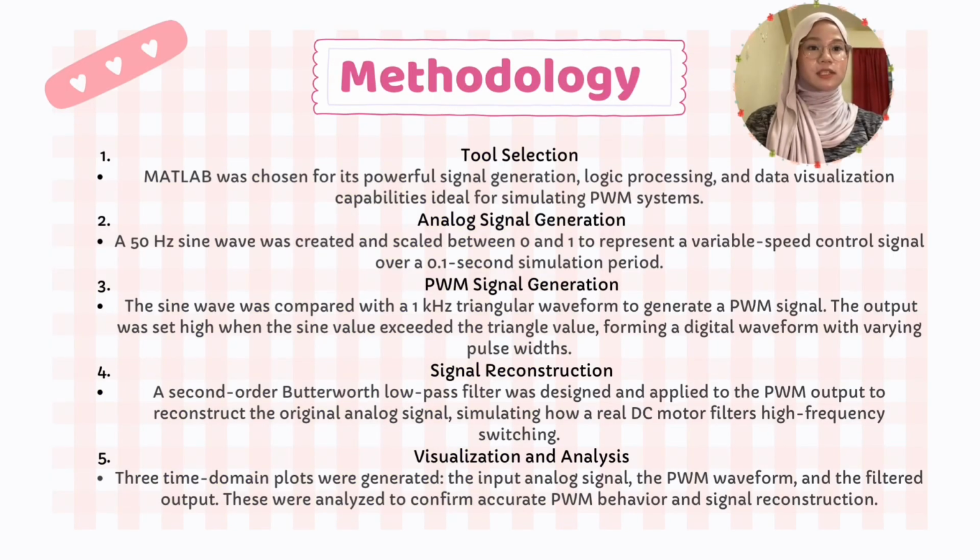So next, the methodology. First, the selection. MATLAB was chosen for its powerful signal generation, logic processing, and data visualization capabilities, ideal for simulating a PWM system. Second, analog signal generation. A 50 Hz sine wave was created and scaled between 0 and 1 to represent a variable speed control signal over a 0.1 second simulation period.